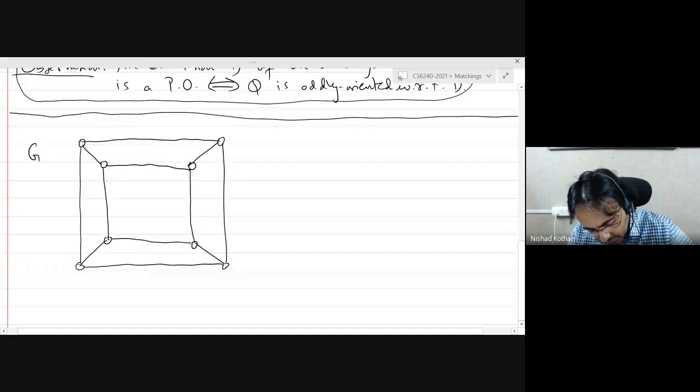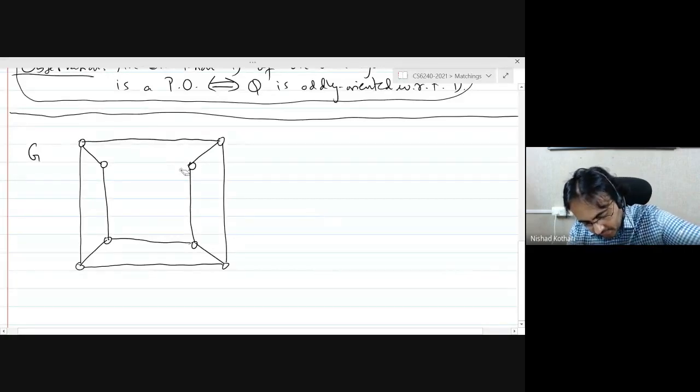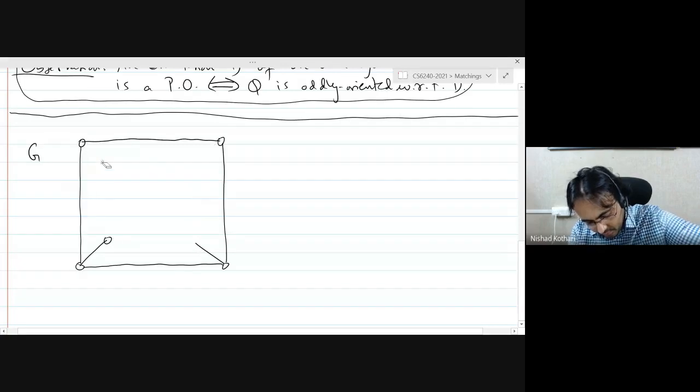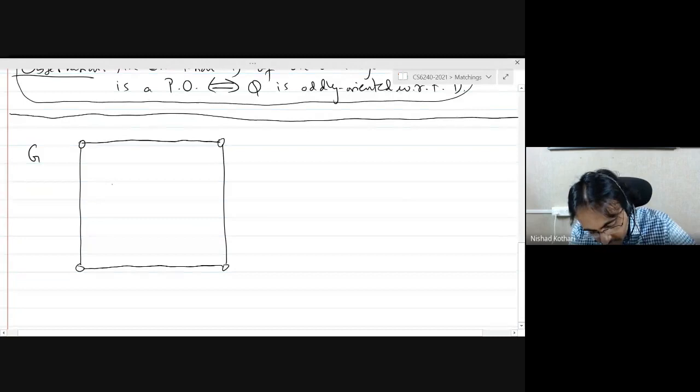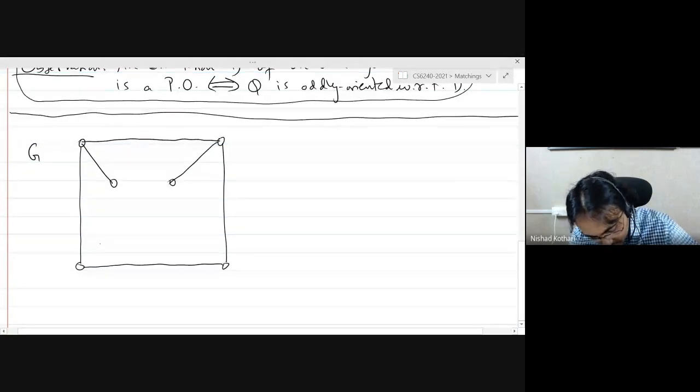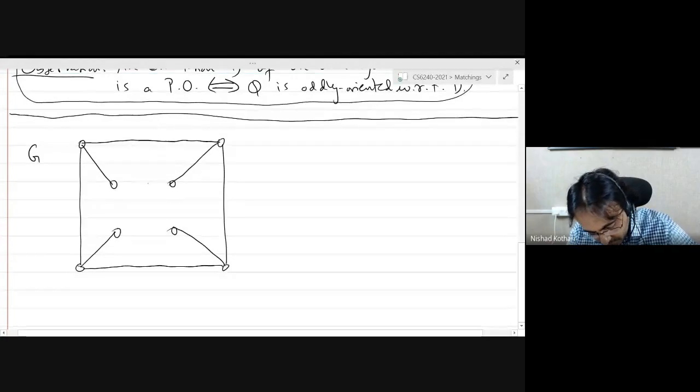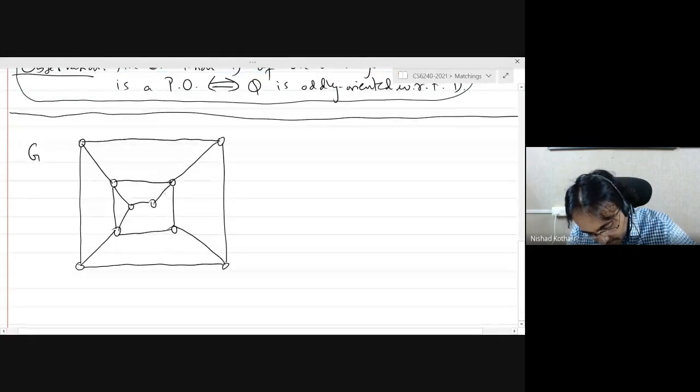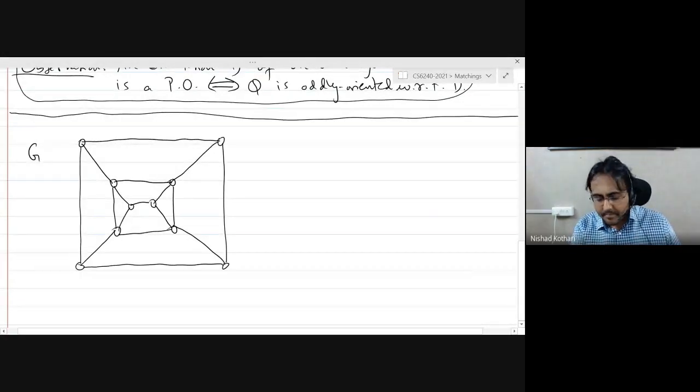So this is my, maybe I should draw the inside square smaller. Sorry. Okay, this is better. So let's say this is my graph G. Okay.